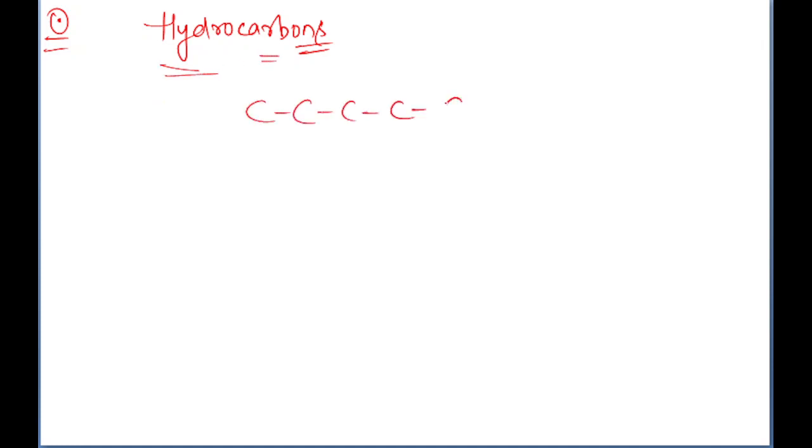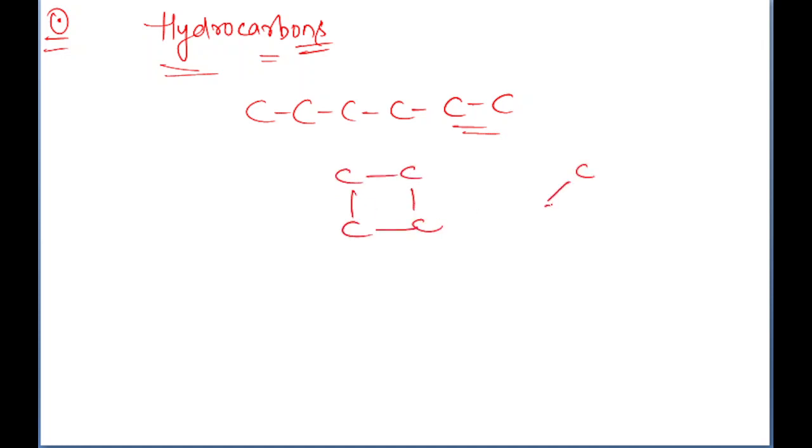Okay, now these hydrocarbons, you will see, I'm telling you the structure of these organic compounds. Generally you will see the skeleton like this. Okay, you will see like this also.